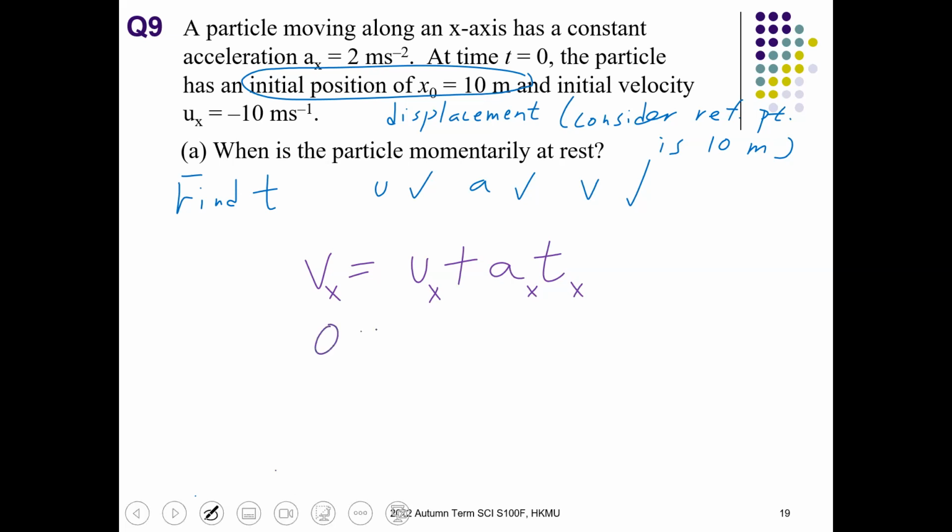So vx goes to 0. For u, this is the initial velocity -10, with a, this is the constant acceleration, +2. And time t will be the unknown. And now we know time t equals 5 seconds. So after 5 seconds, the particle increases its velocity and goes to a velocity of 0. After that, it will have a positive velocity.